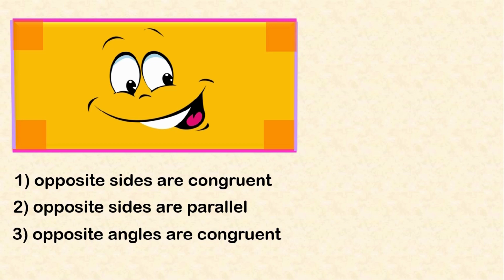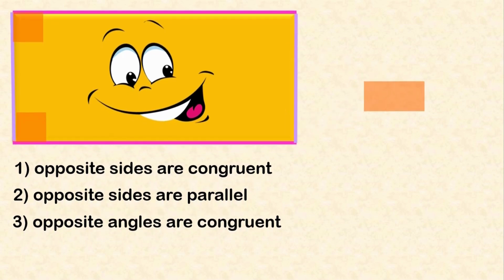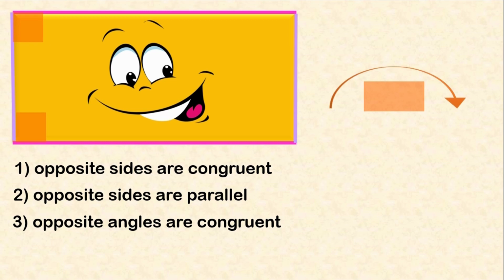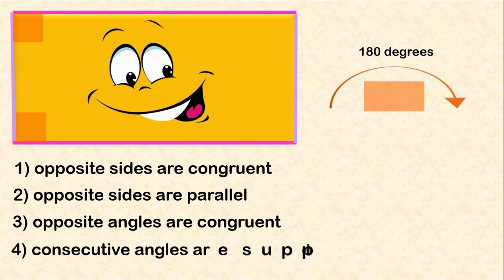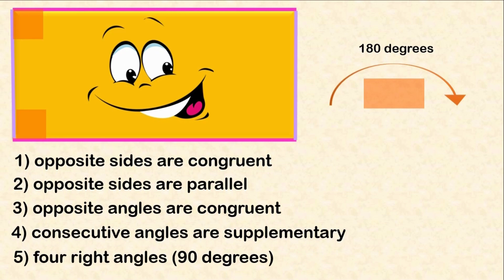Another feature of the rectangle is that consecutive angles are supplementary, like the parallelogram. We can try it. If we aggregate 2 angles, the sum of them will be 180 degrees. By the way, the rectangle has 4 features like the parallelogram and one specific feature that all angles are 90 degrees.